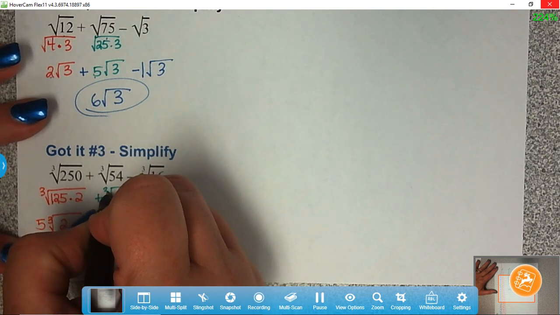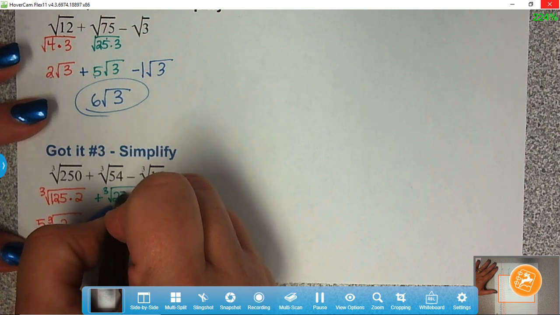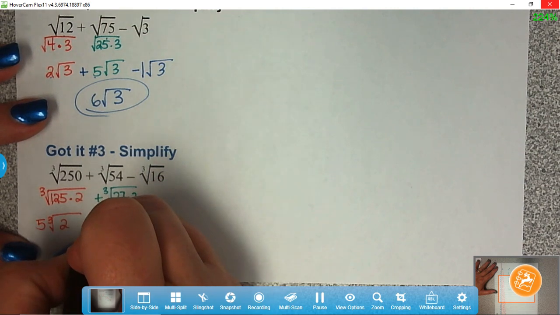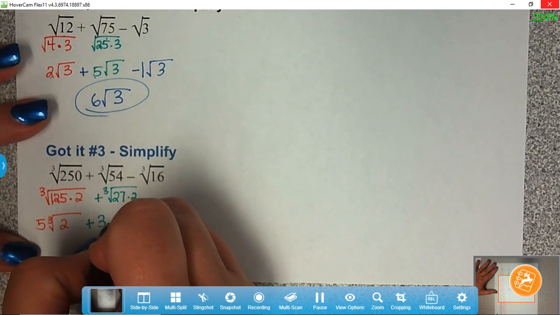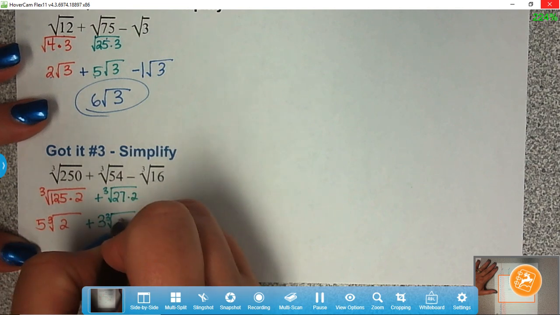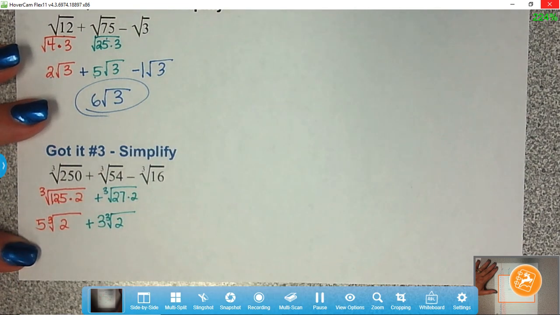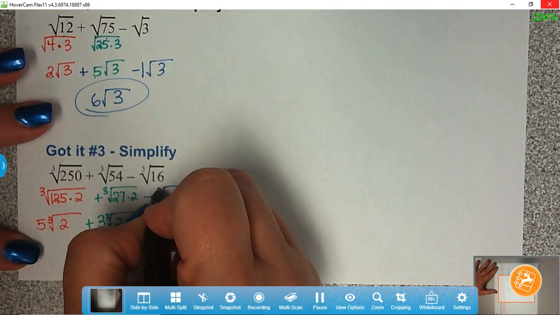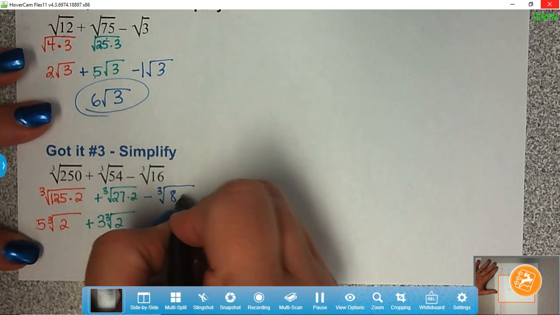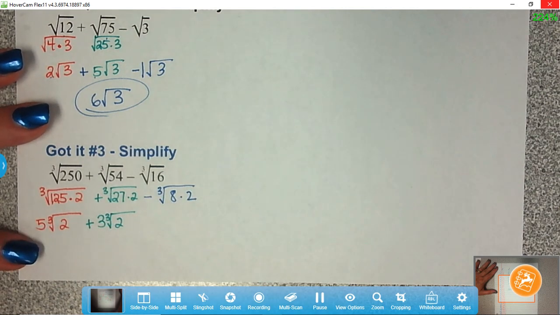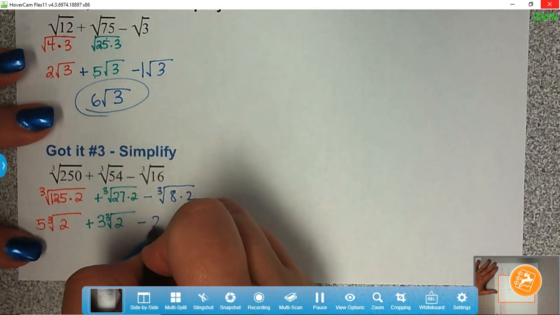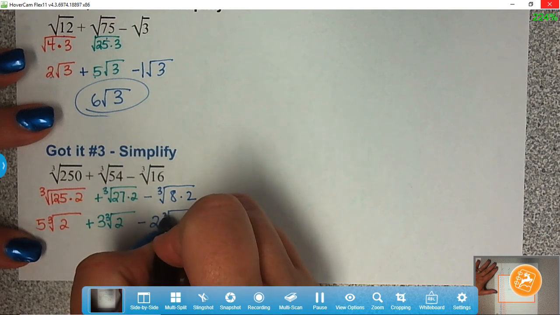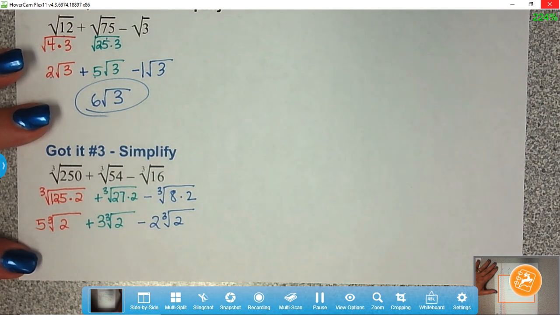Then 54 can be broken down into 27 times 2. So that gives me 3 times the cube root of 2. For the cube root of 16, break that down into 8 times 2, which will give me 2 times the cube root of 2.